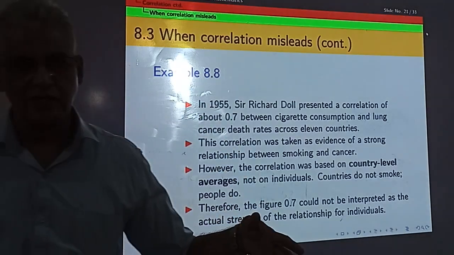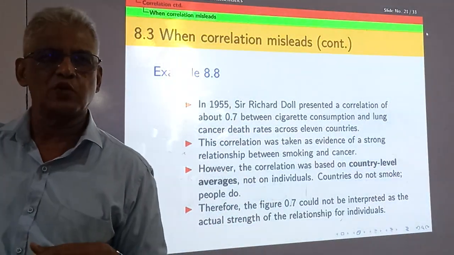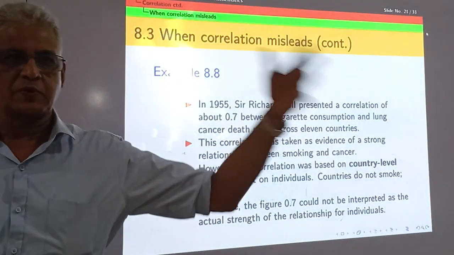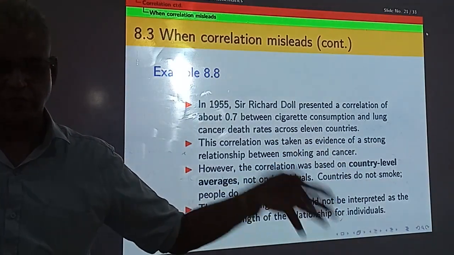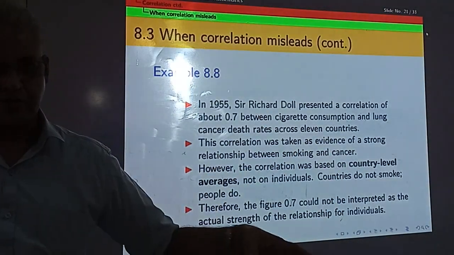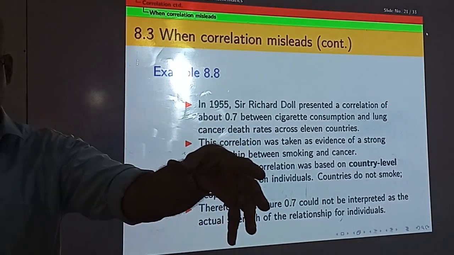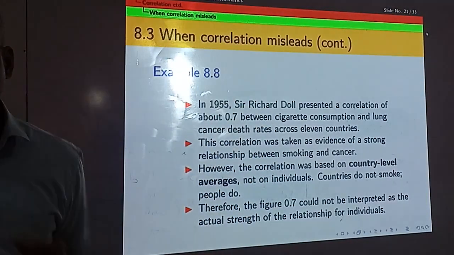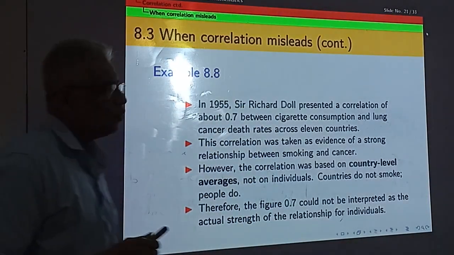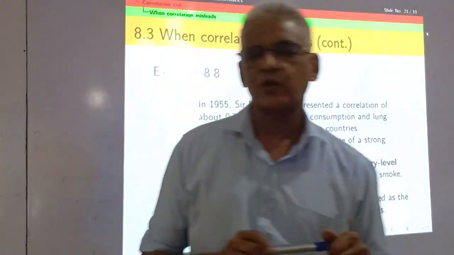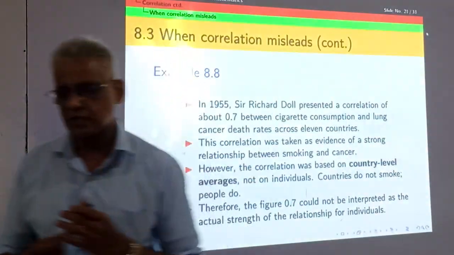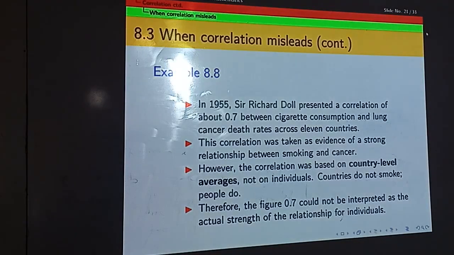Take one country, find out what percentage of people are smoking and what percentage of people have lung cancer. So two numbers for one country, another two numbers for another country, and so on. If you plot these and calculate the correlation coefficient, they have seen that it is very high, 0.7.